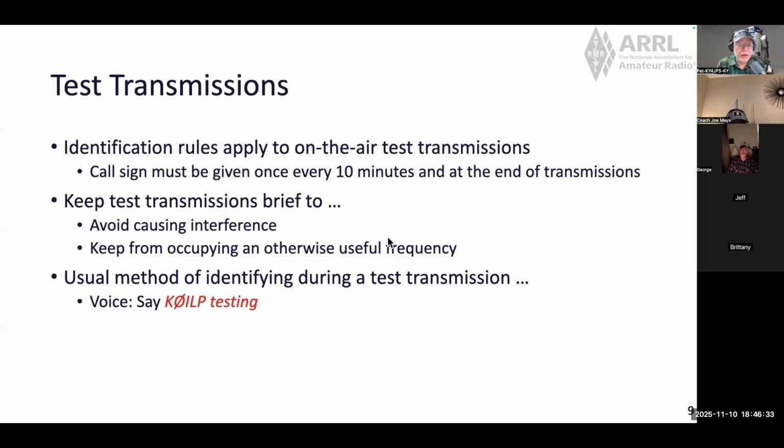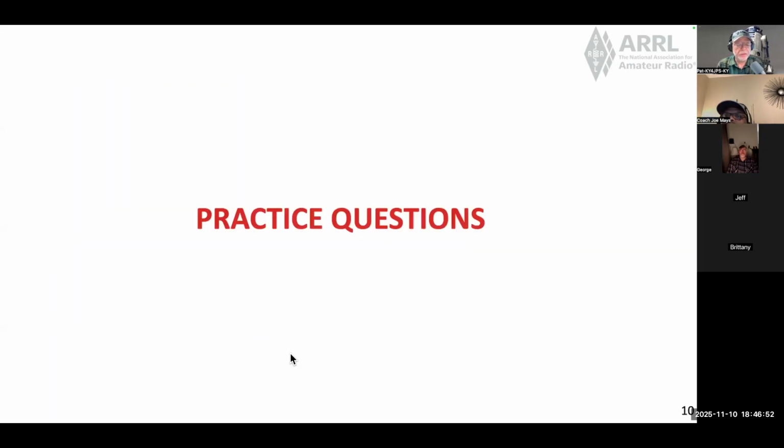And if you do a radio test, if somebody's listening to the frequency, they may come back to you and say, yeah, you're sounding fine, or give you a signal report. With Morse code, you would actually key K0ILP BBB for testing.